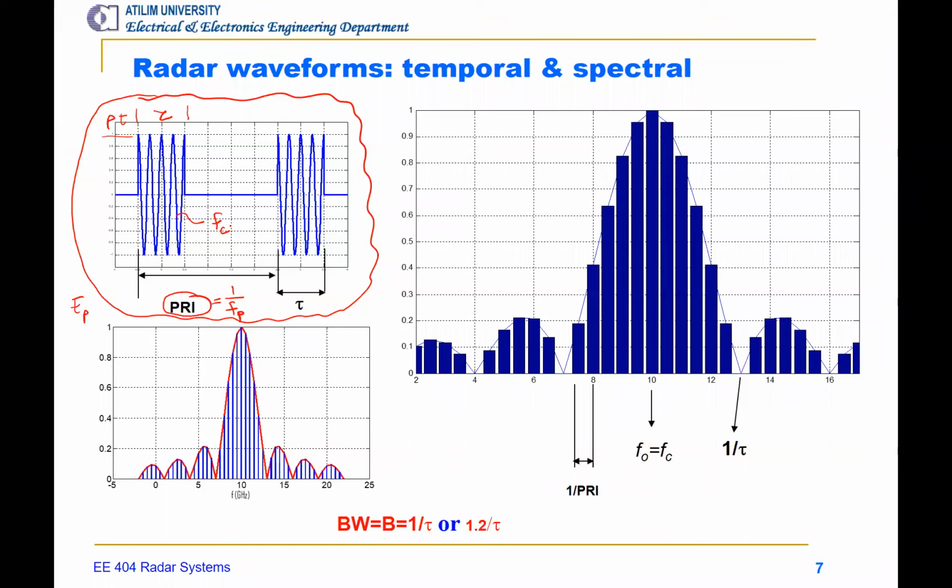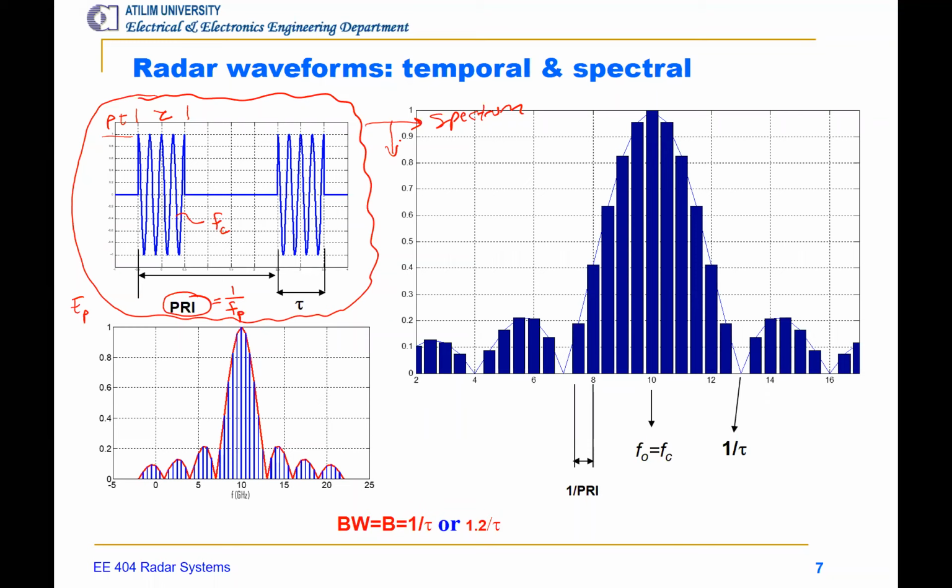Now, what is its frequency domain equivalent? This is a pulse train modulated by a cosine, or cosine modulated by pulse train. And to find its spectrum, we have to use a transformation. Please go back to the communication systems course. How do we find frequency domain equivalent of a time domain signal?